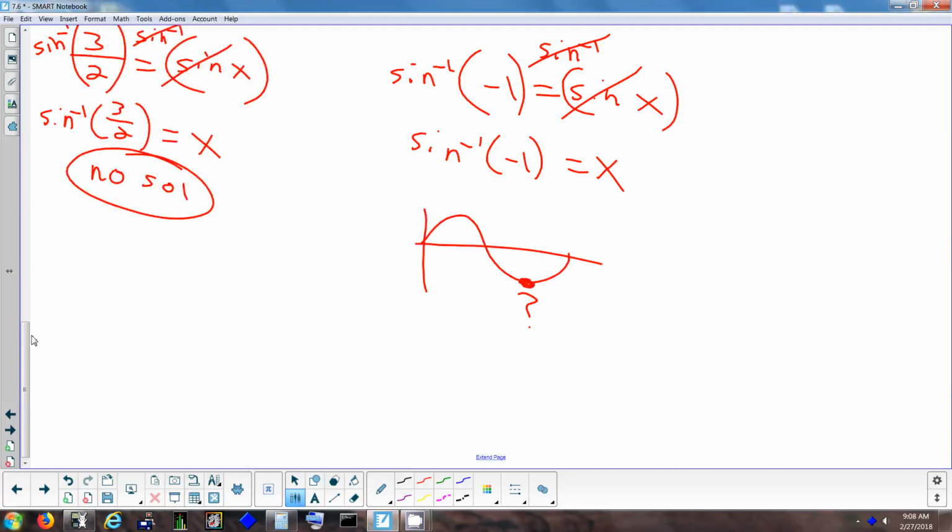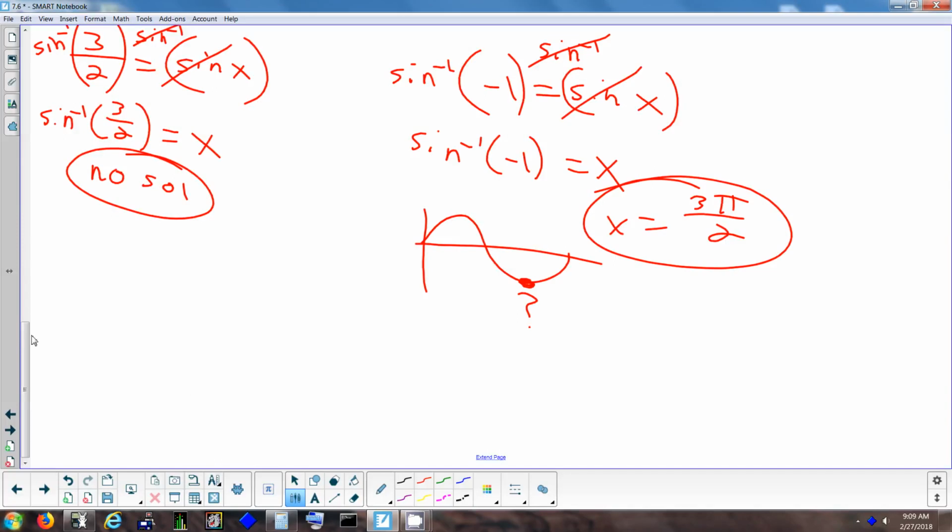It's the 3/4 mark of the cycle. So where is the x value of that point? Remember Sam? 3 pi over 2. Yep, it's 3 pi over 2.